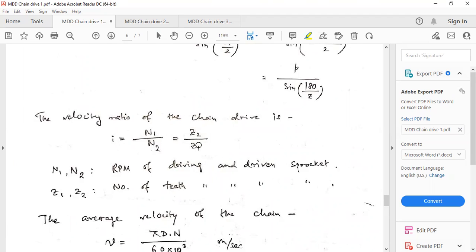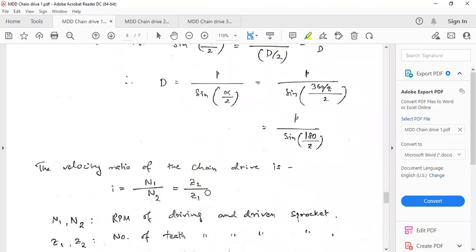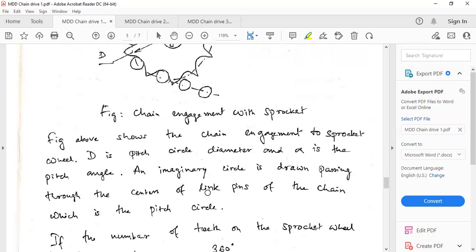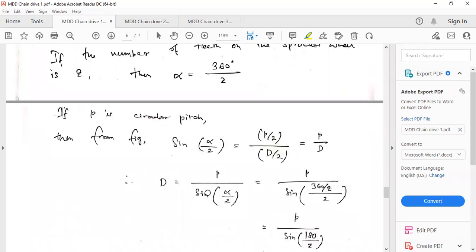Here z is the number of teeth. The pinion, the smaller sprocket, will have higher speed, and the larger sprocket has lower speed. That you know. n1, n2 are RPM, and z1, z2 are numbers of teeth. This one is not very similar to a gear, because sprockets do not engage with another sprocket. Sprockets can get engaged with the chain only.